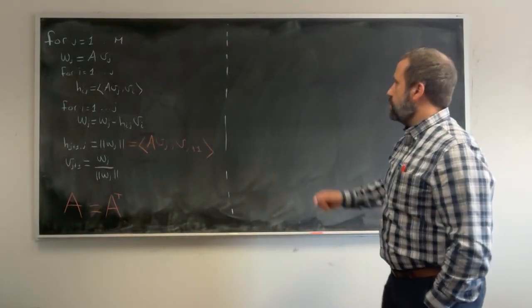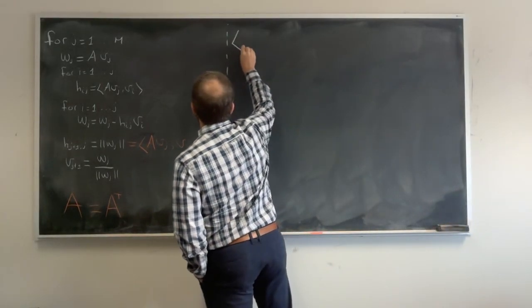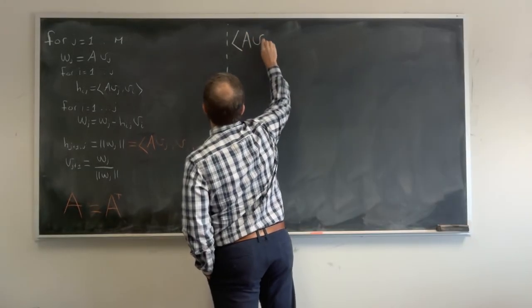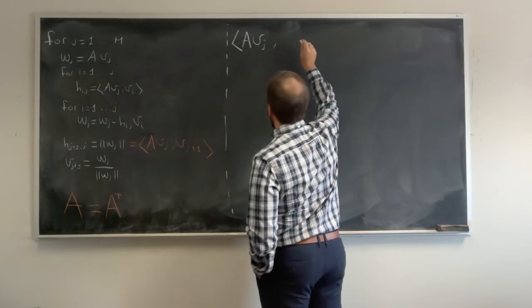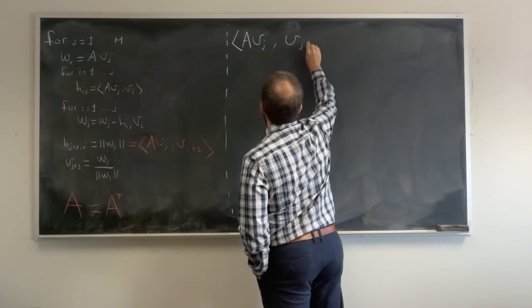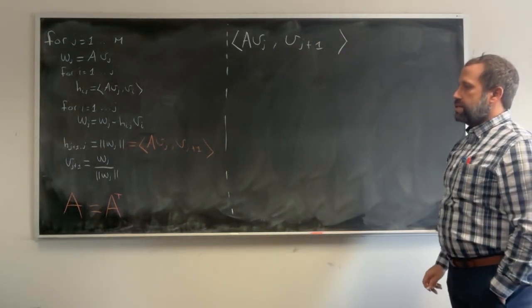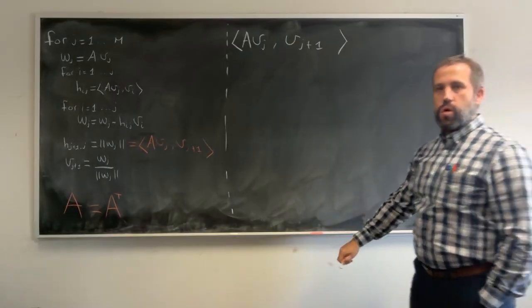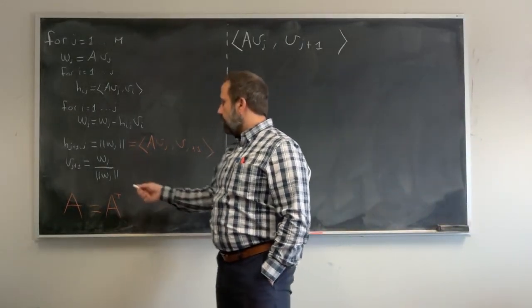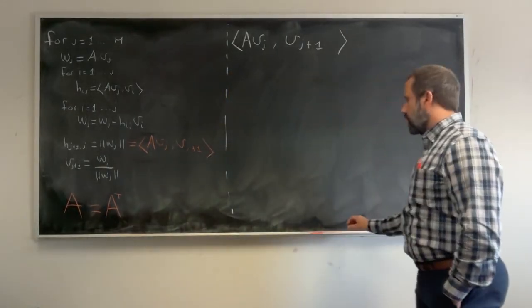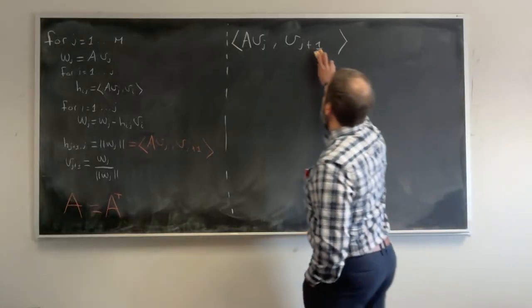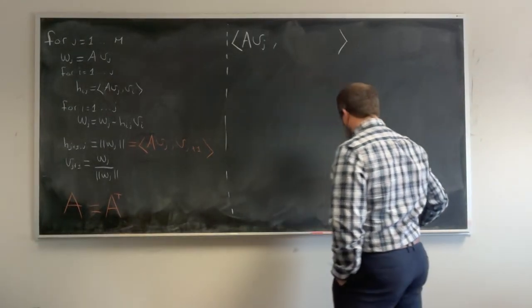All we're going to do is write out what this is: the inner product of AVj with Vj plus 1. What is Vj plus 1? Vj plus 1 is Wj over the magnitude of Wj.